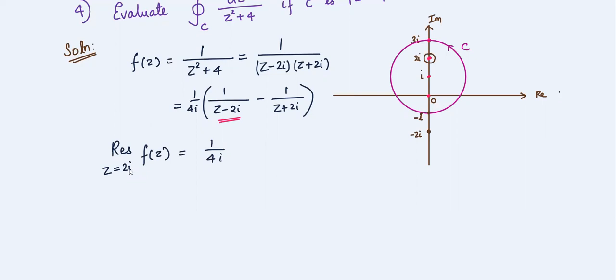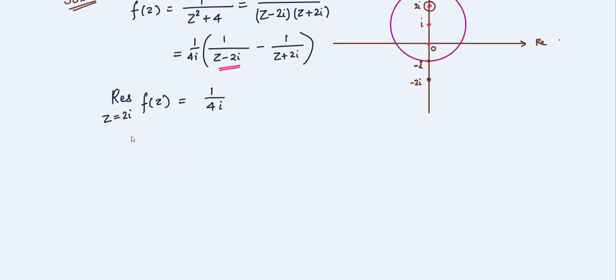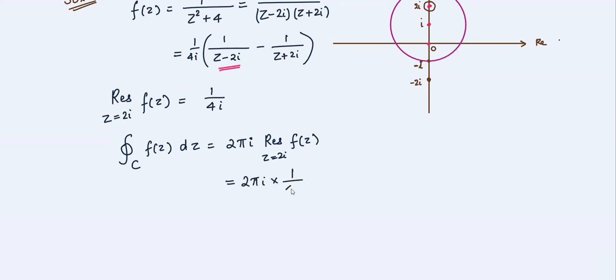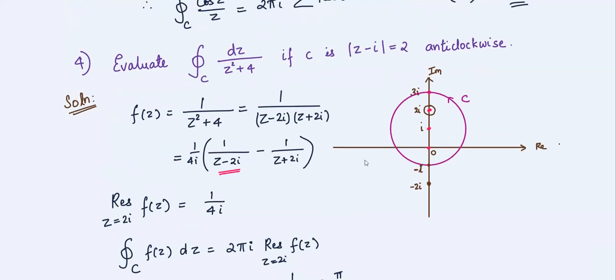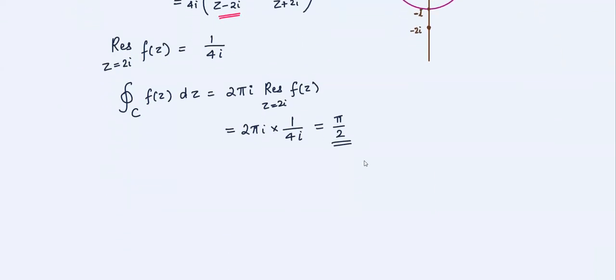So therefore the integral of f of z dz is 2 pi i times the residue. So 2 pi i into 1 upon 4i, i and i cancel. Then we get pi upon 2. This is the answer.